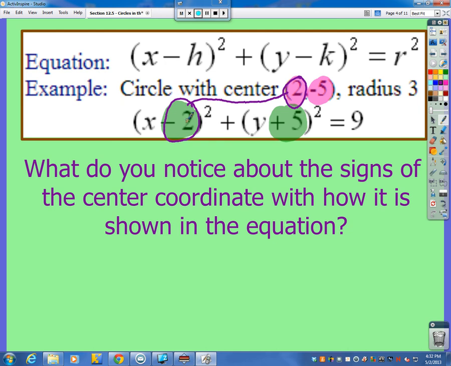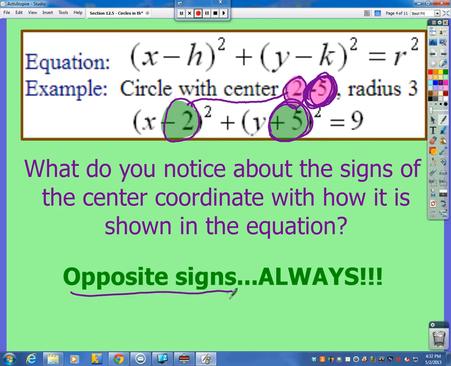Here we have 2, but you really write minus 2. Here, the center y coordinate is negative 5, but notice what we really write in the standard form of the equation is a positive 5. And that will always be true, that you will write the opposite sign for whatever your x and y coordinates are. The one time that it won't be the case is if it's 0, because 0 is neither positive nor negative.